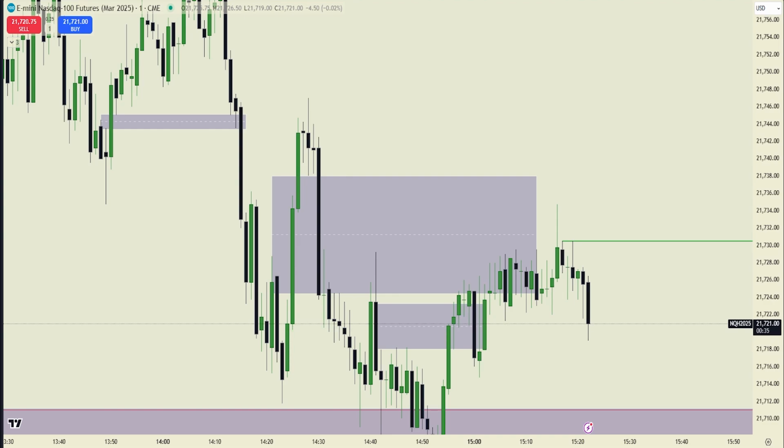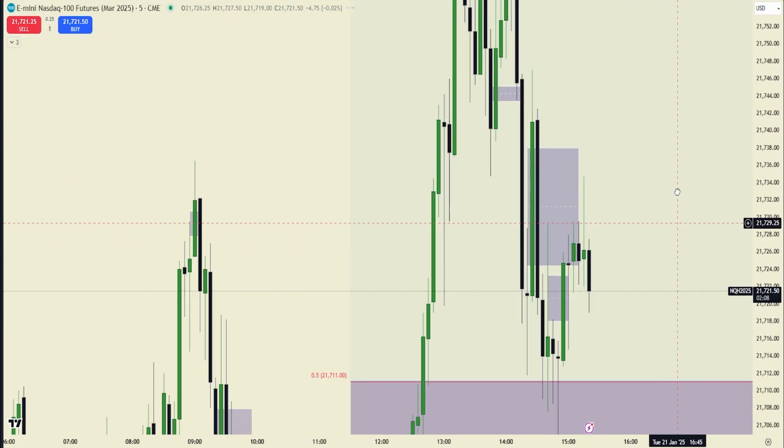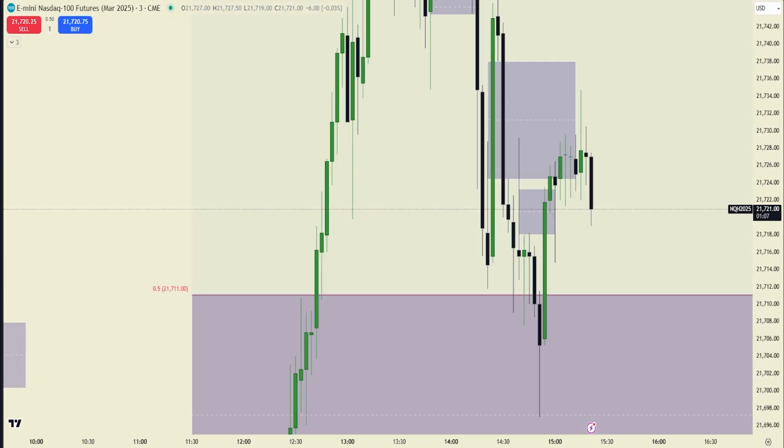Hey, we finally broke out of that same range that we've been in. Maybe something will happen at 3:30. We'll get a move then. We didn't leave like a 5-minute behind, did we? Or like a 3-minute? Like a 2-minute? No, we didn't.